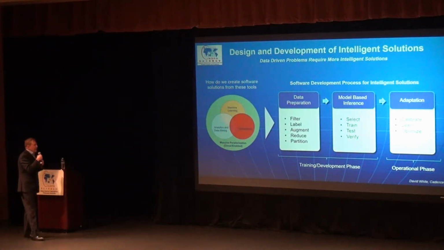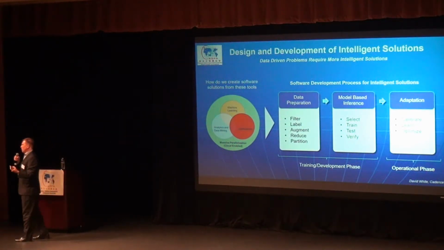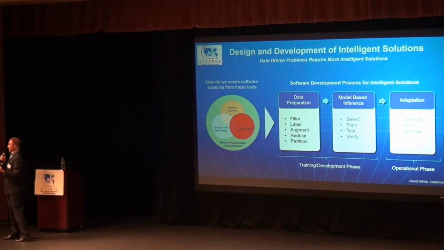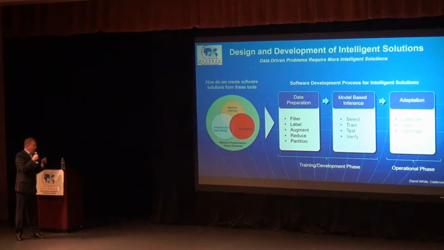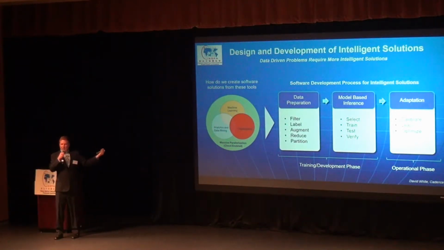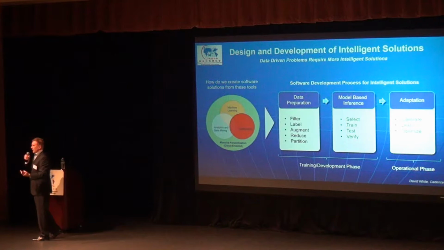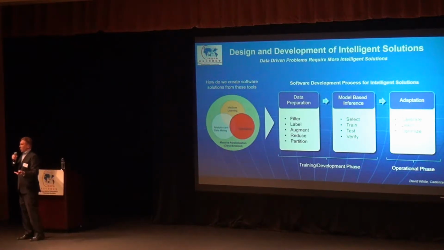The second phase is model-based inference. So it's just basically a fancy word for what algorithm you're going to use and how are you going to use it, how are you going to train it, and how are you going to test it. And then the third phase is adaptation. So once you've developed and trained your models, if you want to put them in real products, then you have to understand that when those products are released, they're going to be in environments that change.